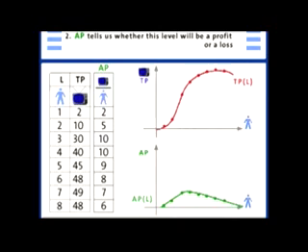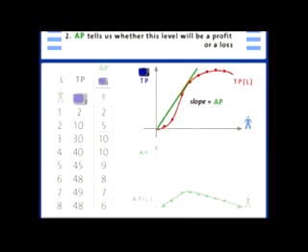If you're interested, you can find the average product of labor by taking the slope of a line that goes from the origin up to any point on the curve. And as the points on the curve change, the slope of the line from the origin also changes, and that changes your average. That seems a little complex, and we don't get a lot of intuitive assistance from that, so I'm going to leave that alone and go back to the curve that I drew from the numbers from my table. That's just as easy a way of doing it.